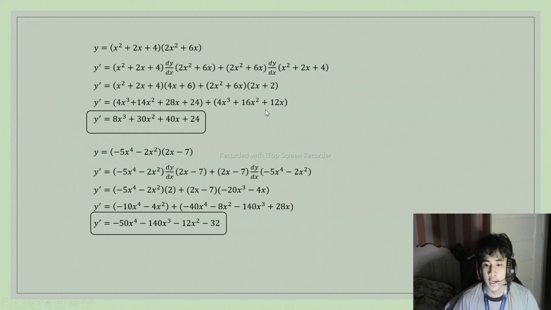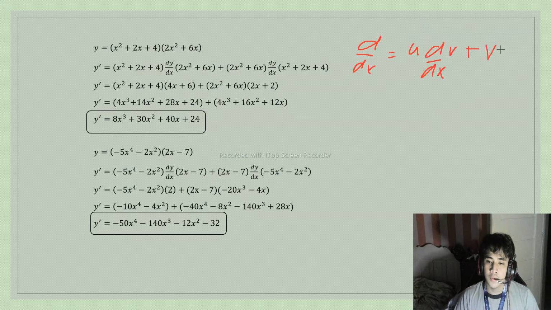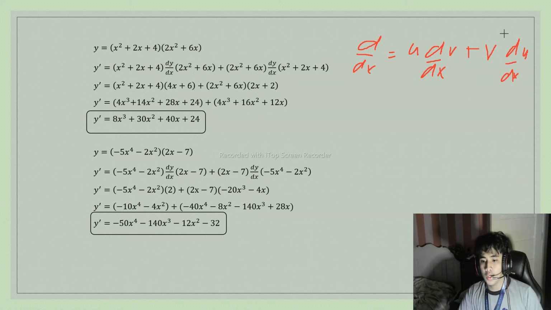So, ganoon. I-rewrite natin yung formula natin dito para di tayo malito. So, the derivative d over dx of uv is equal to u times dv plus v du. Ganun lang tatandaan ko eh. u dv plus v du.